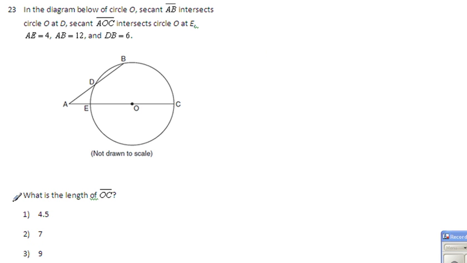Now, here we have AE equal to 4, and then AB, the whole thing, is equal to 12, and BD is equal to 6, which allows us to have the outer side equal to 6, because outer side is very important.